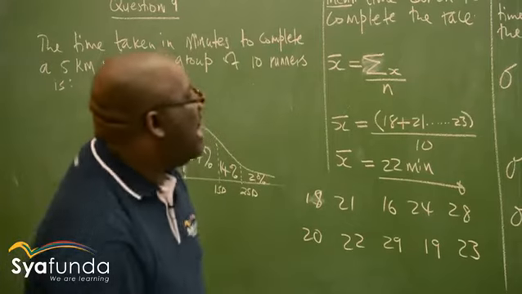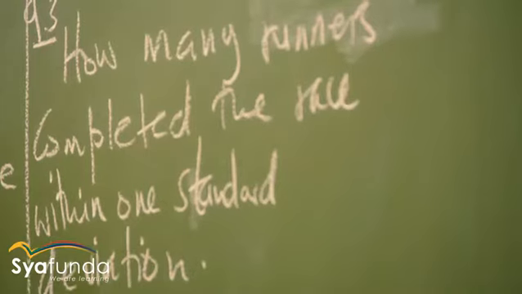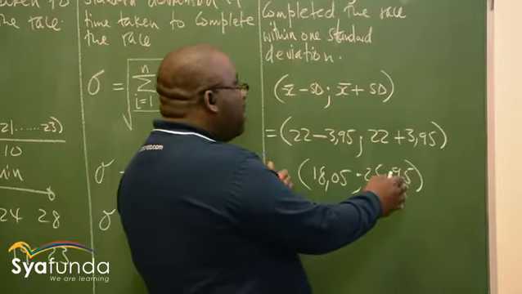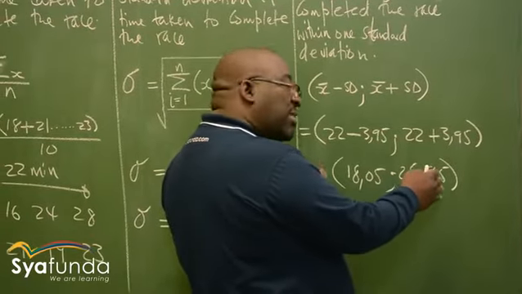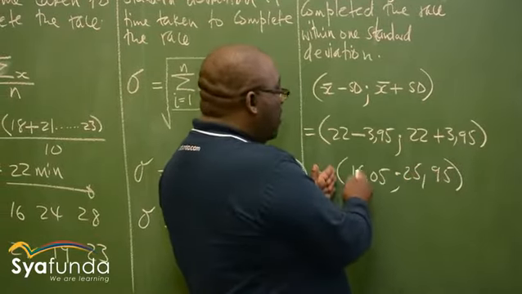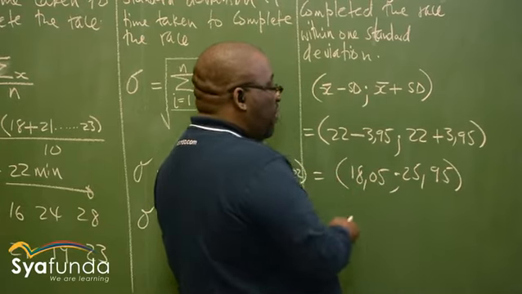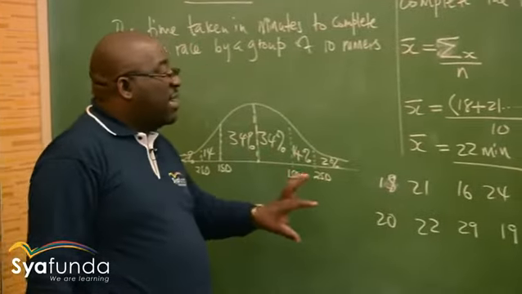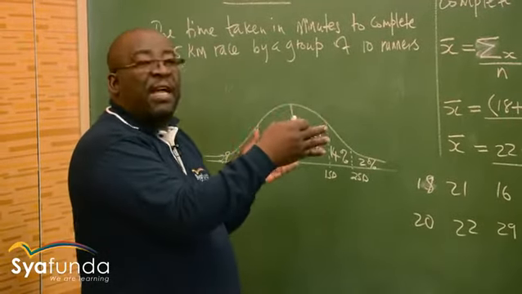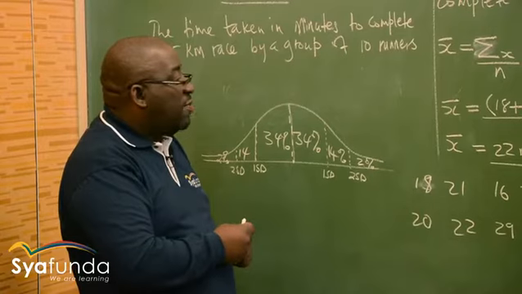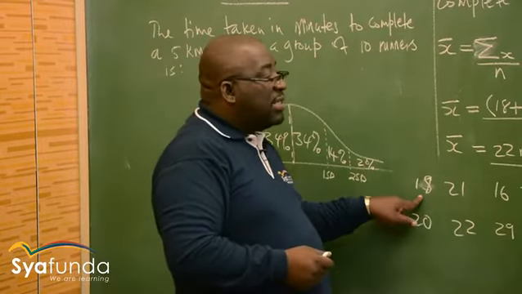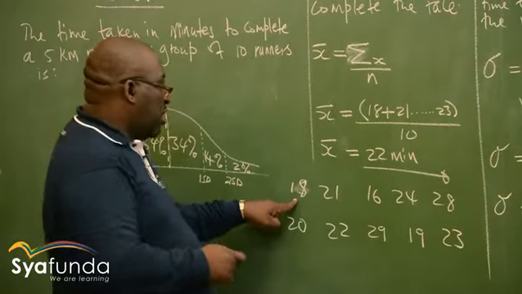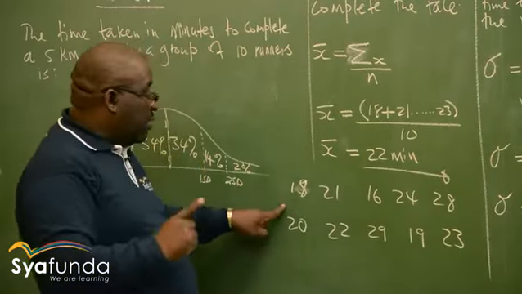Now the question is asking, how many runners completed the race within 1 standard deviation? This tells us that those who completed within 1 standard deviation made a time between 18,05 and 25,95. Let's check how many fall within that range. Is 18 between 18,05 and 25,95? No, so it is not part of my solution. 21?